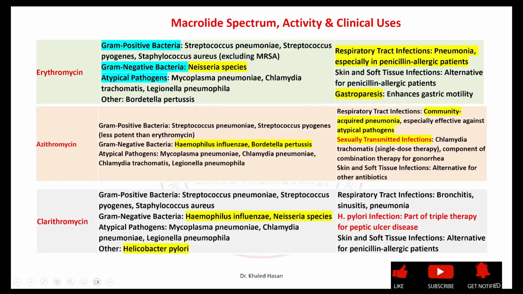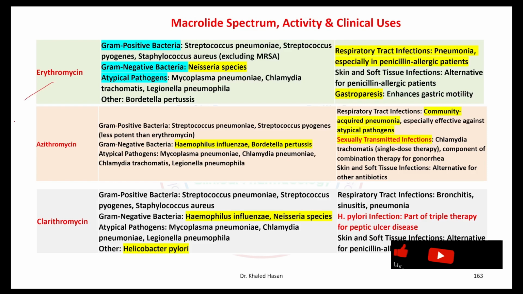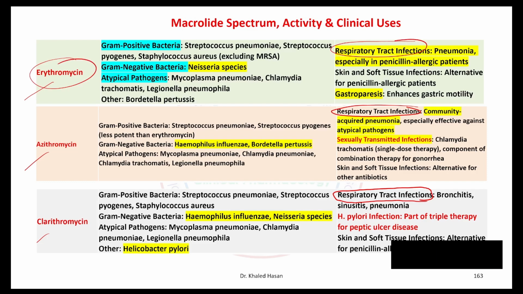This table summarizes information about the macrolides: erythromycin, azithromycin, clarithromycin. As you can see, all of these medications treat respiratory tract infections. For example, erythromycin treats pneumonia in penicillin-allergic patients, so this is the alternative.